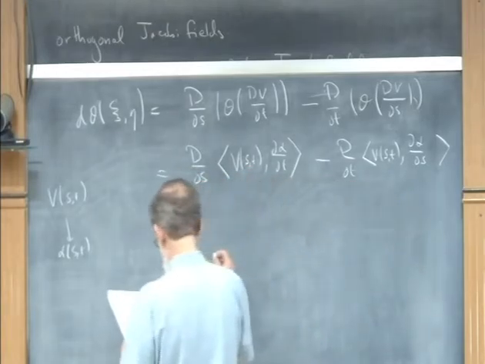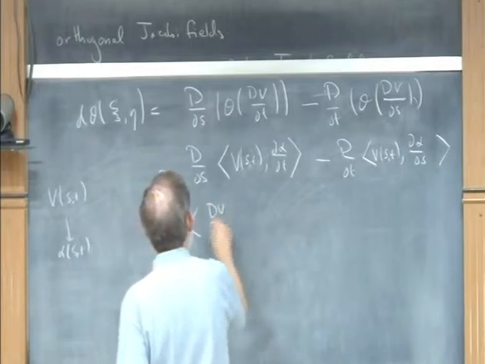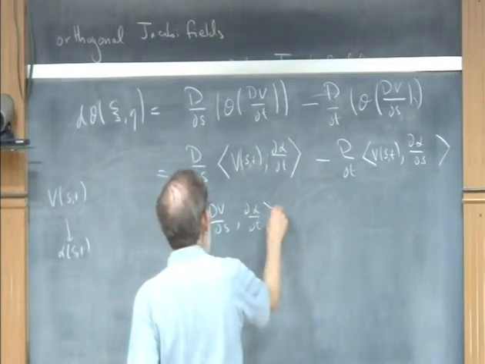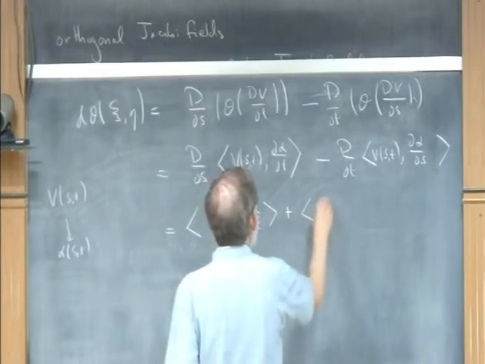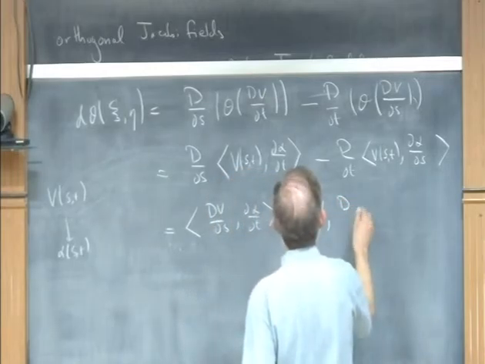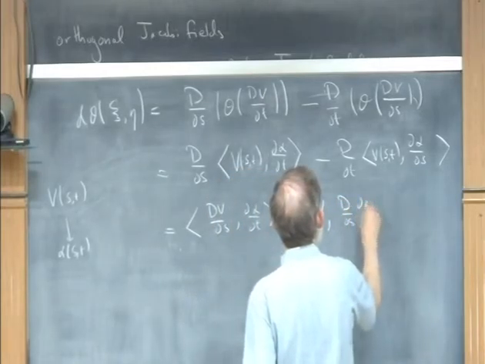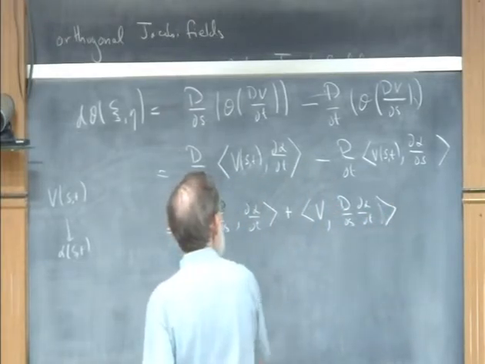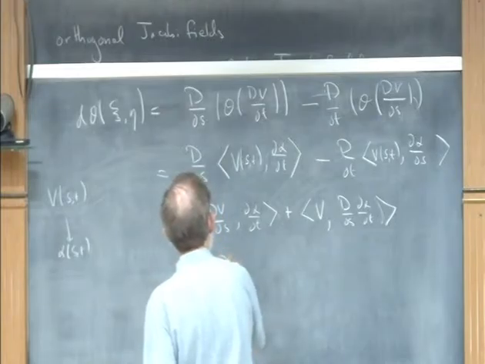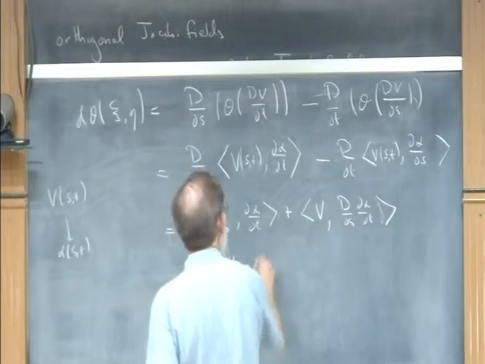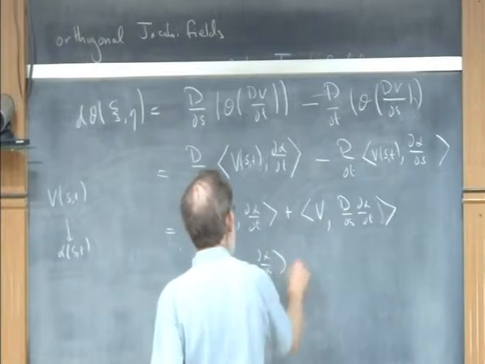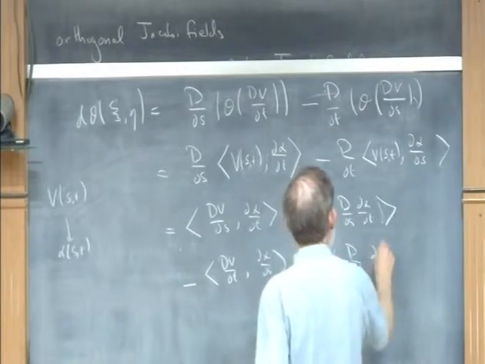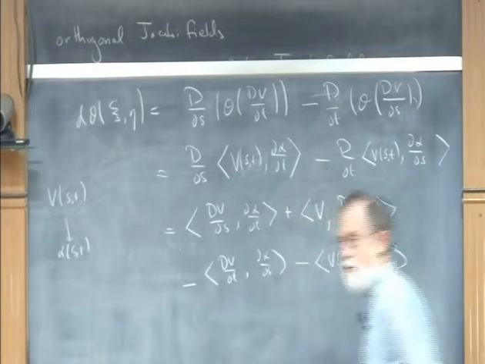So I'm going to get a dv/ds in a product with d alpha/dt, plus v in a product with d/ds of d alpha/dt, minus dv/dt with d alpha/ds, minus v with d/dt of d alpha/ds.